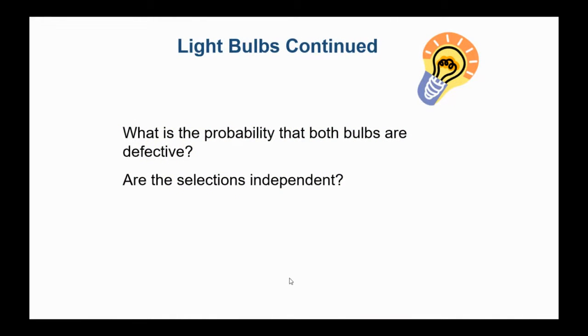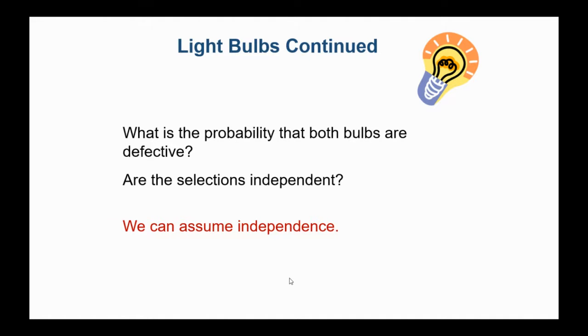So we'll ask the question again. What's the probability that both results are defective? Can we say our selection is independent? Yes. So since we can assume independence, how would I solve this?